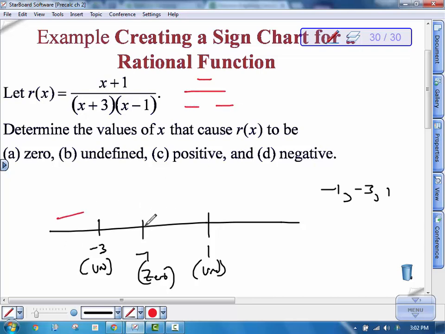Pick a number between negative 3 and negative 1, like negative 2. Negative 2 gives you a negative here, a positive here, and a negative here, which makes positive. Number between negative 1 and 1, like 0. 0 gives you a positive there, and a negative there, so it'd be negative. Number bigger than 1, like 2, gives you a positive and a positive, so that'd be positive.